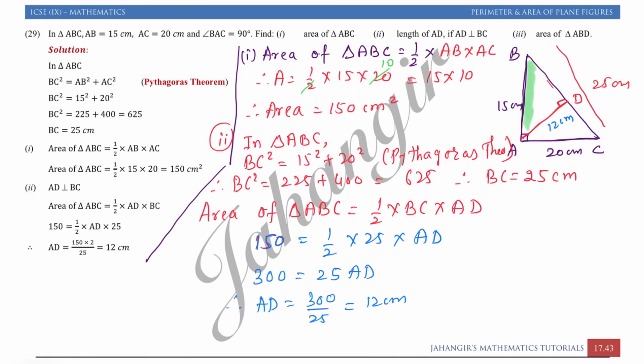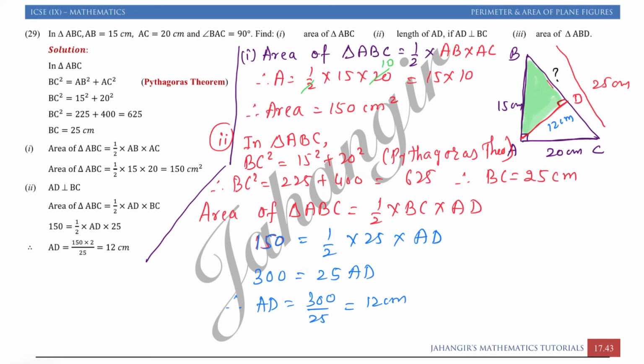You have to find the area of this triangle. So if you see, we know two sides of the triangle. We know 15, we know 12. So first we will find BD by Pythagoras theorem. So we can say hypotenuse is AB.